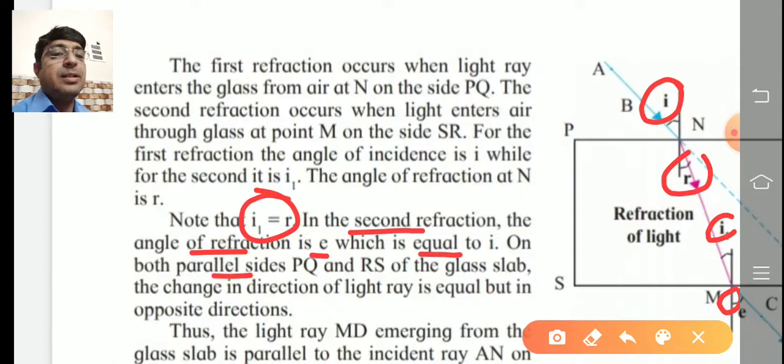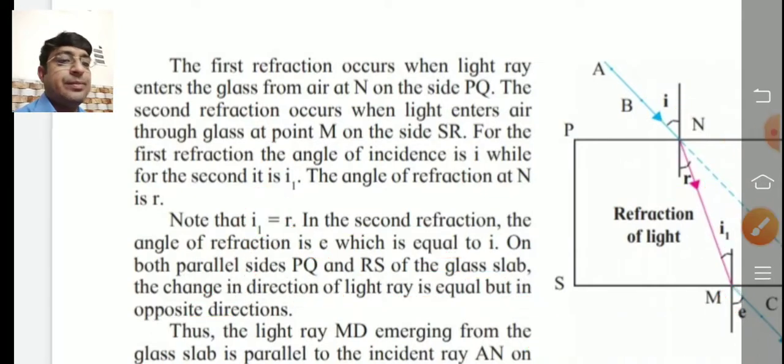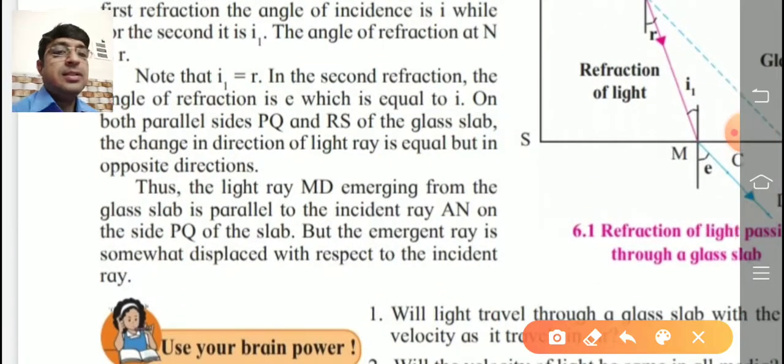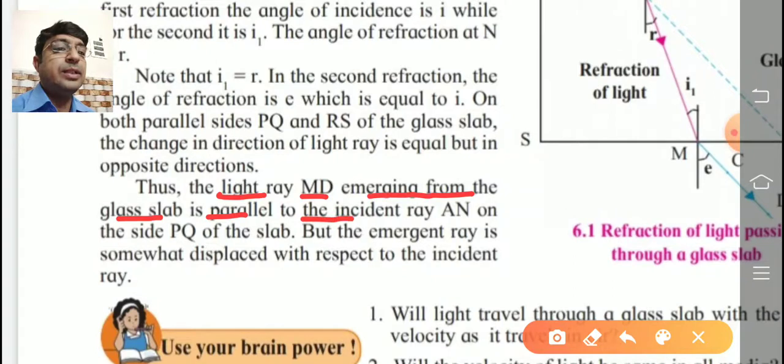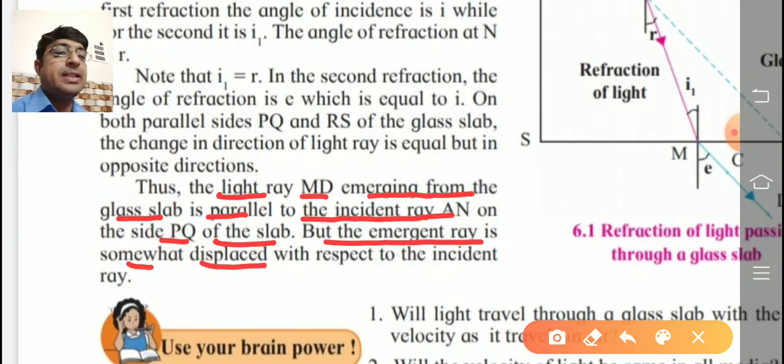On both parallel sides PQ and RS of the glass slab, the change in the direction of a light ray is equal but in the opposite direction. Thus, the light ray MD emerging from the glass slab is parallel to the incident ray AN on the side PQ of the slab, but the emergent ray is somewhat displaced with respect to the incident ray.